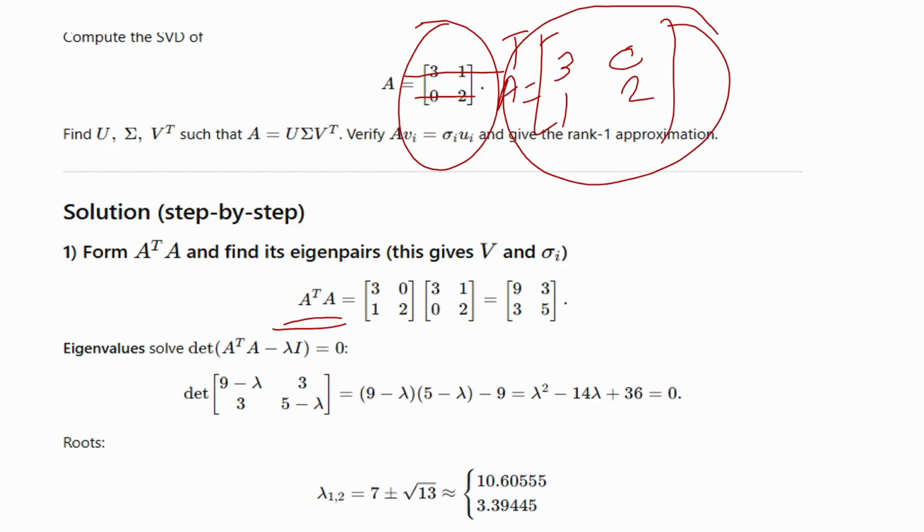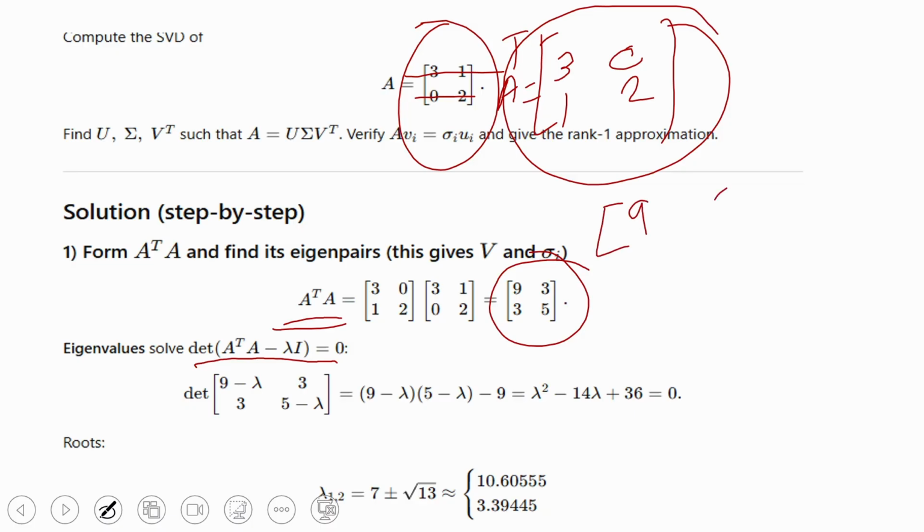So we need to find the eigenvalues. To find the eigenvalues, we have to take the determinant of A transpose A, that is this matrix, 9, 3, 3, 5, minus lambda into I. What is I? I means the identity matrix, 1, 0, 0, 1.